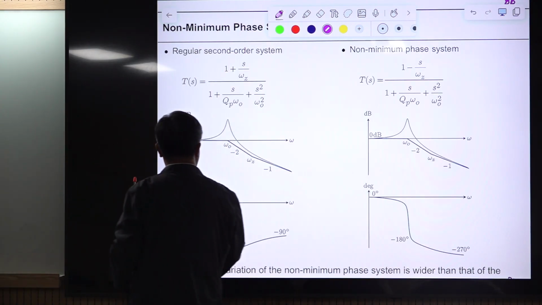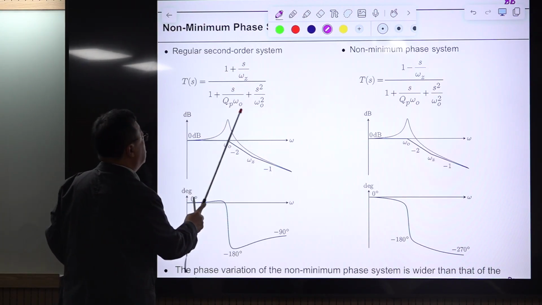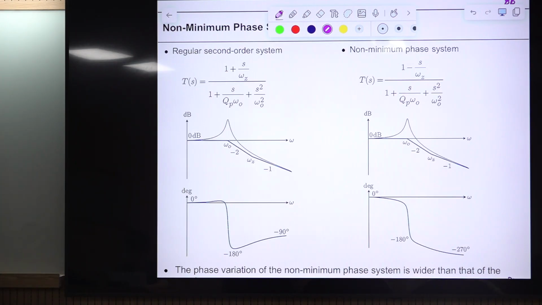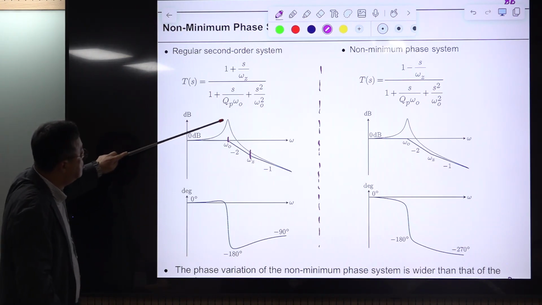Just consider this. There is a pole, there is a zero, there is a double pole. This pole is a regular pole, so maybe we call it a regular second order system. The double pole frequency is here, and the zero is coming later. That is our assumption. With that assumption, I sketched this plot.